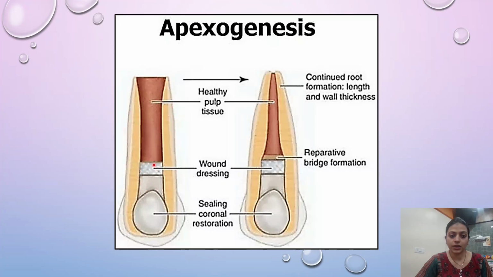Here we are giving the dressing and sealing the coronal portion with a restoration. So what happens gradually is that reparative bridge formation takes place, and also there is continued root formation, and the length and wall thickness of the roots also increases.